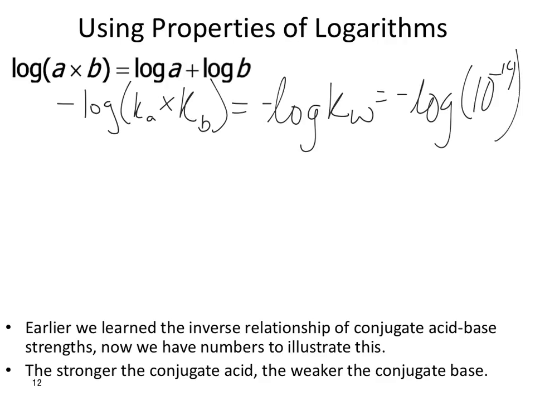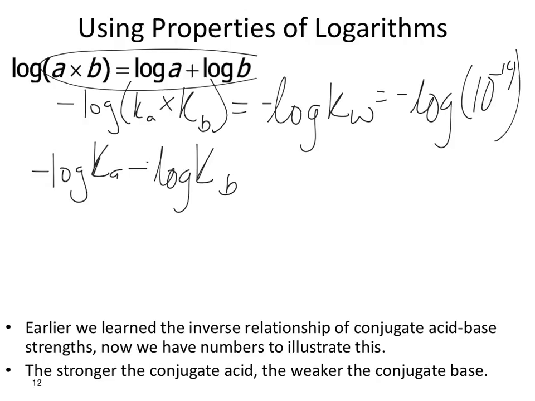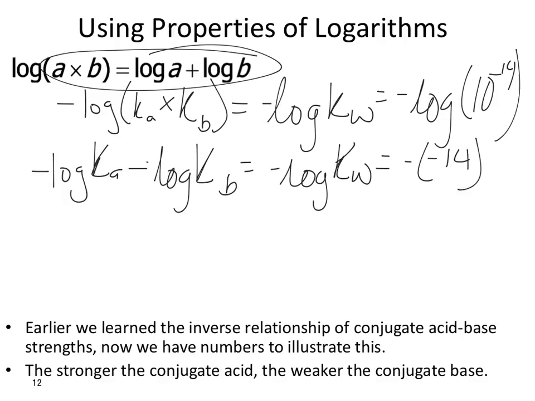And so that means that the negative log of Ka, minus the log of Kb, right, we're using this idea up here, is going to equal the negative log of Kw, which is going to be negative times negative 14.